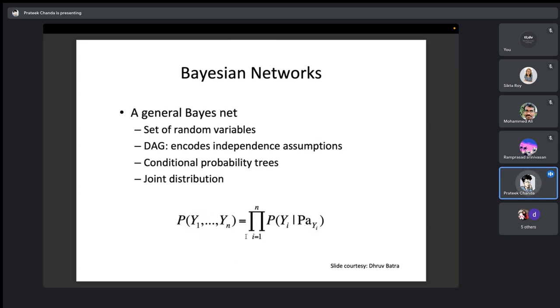So this is the basic formula here: the probability of yi given Pa of yi, the parents of the random variable yi.